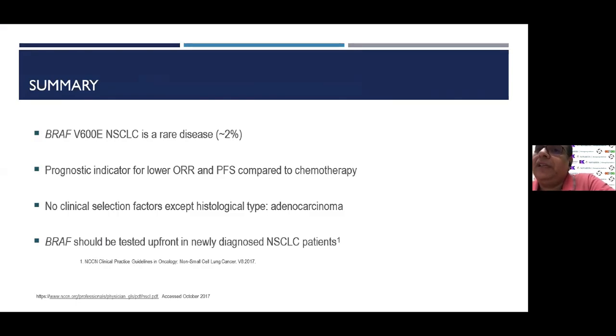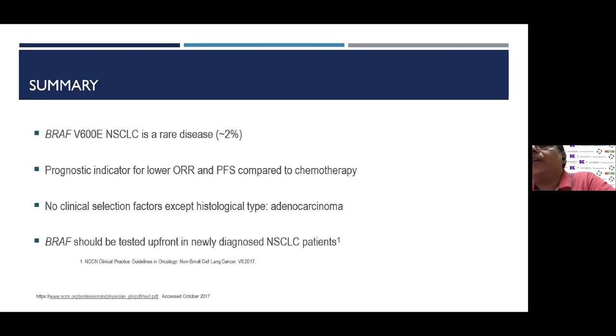So, in summary, it is a rare disease, just 2% of cases of NSCLC, not as high as in melanoma. It is a toxic indicator for lower response and progression-free and overall survival.